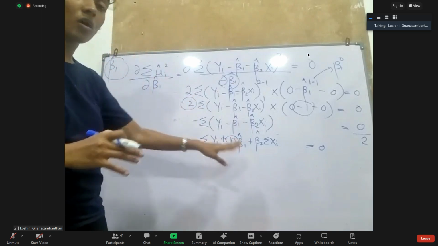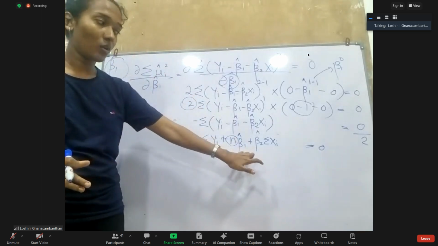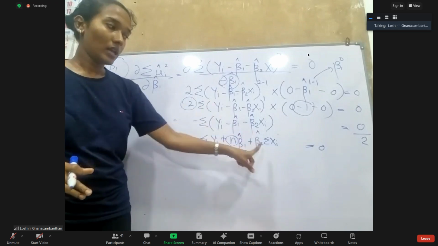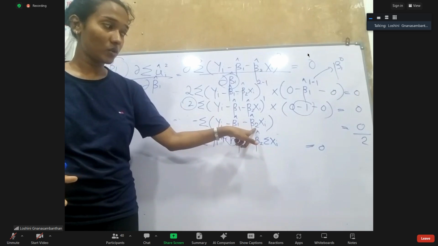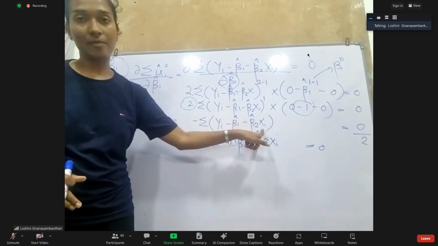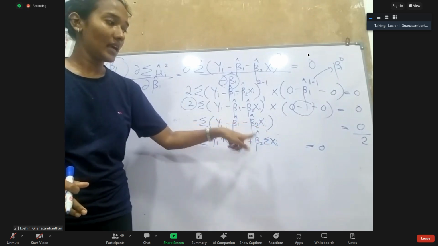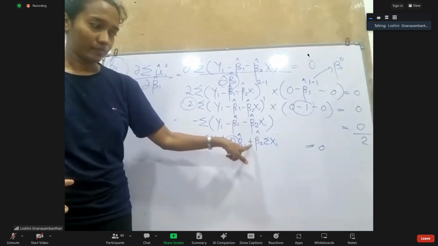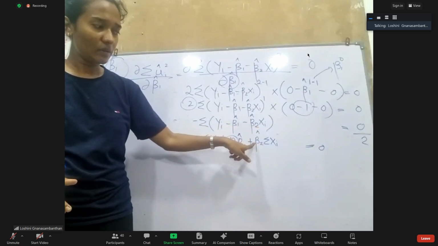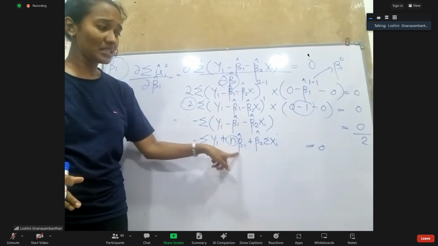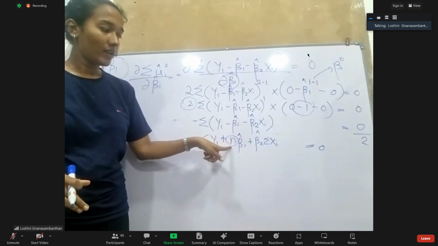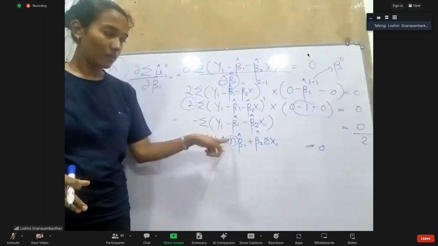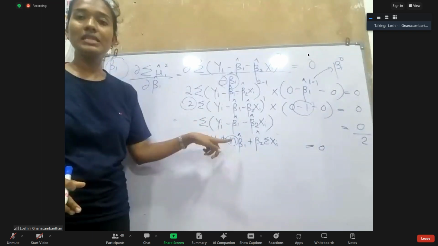So when a constant is alone, okay, here also beta 2 is a constant, but is it alone? No, it's with xi, right? So you can't take an n in front of beta 2, but this constant is alone, right? So that's why we are denoting this sigma as n.